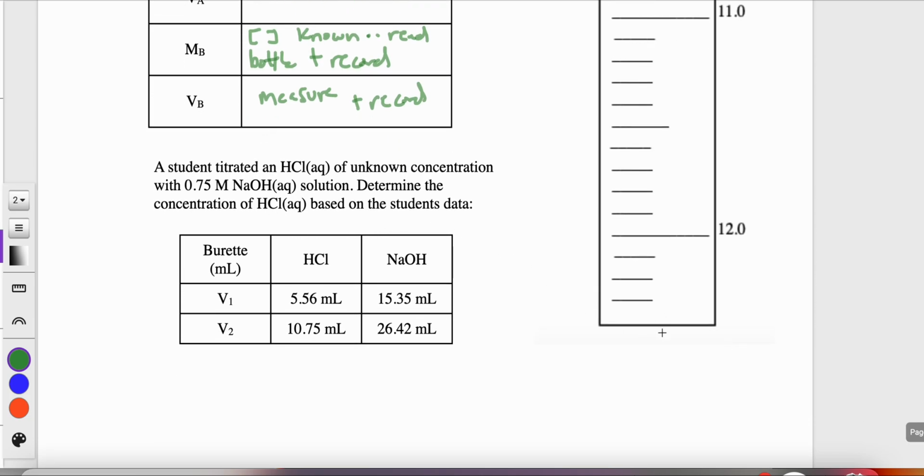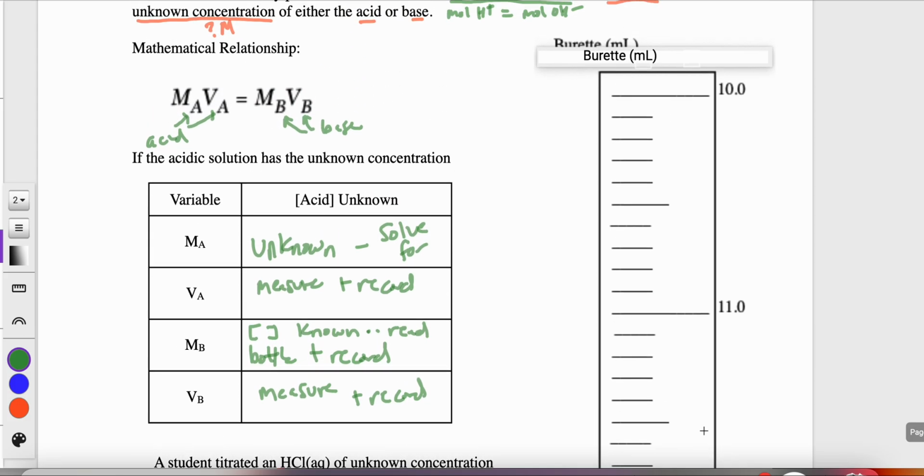It uses a gravity feed, so we never pour like we would a graduated cylinder. The liquid flows out of the bottom, and we control the flow. So the way that we read a burette is we read it down this way. That's the direction of how we read it.